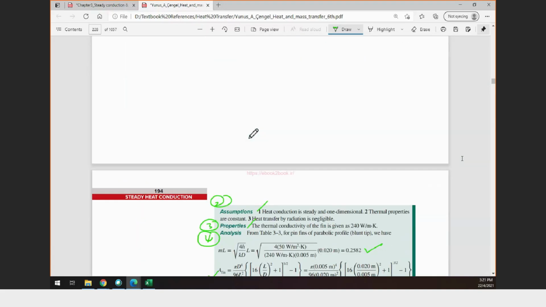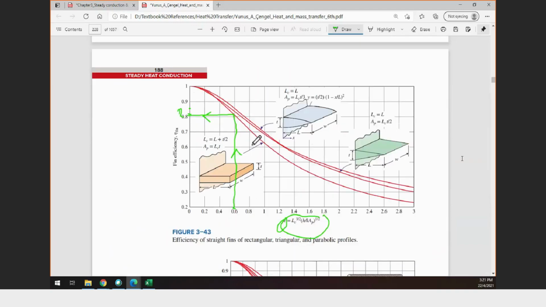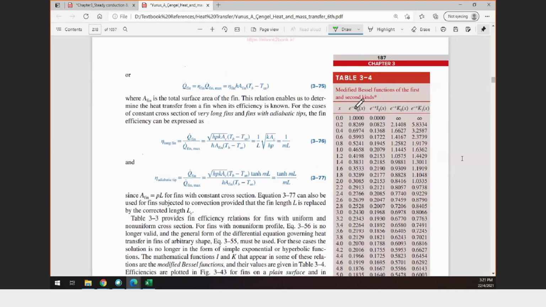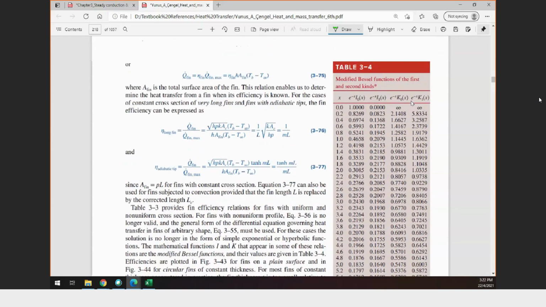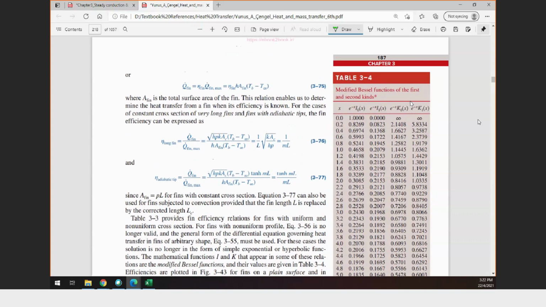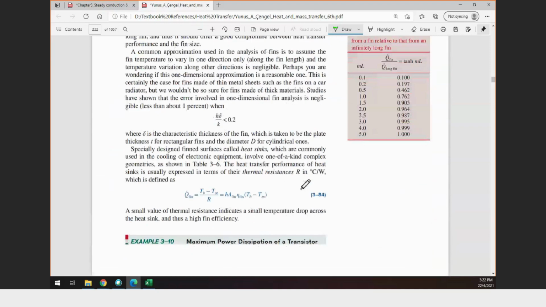Oh, I missed the table. In the figure, yes, Table 3.4, this one, the modified Bessel function. It is used to evaluate a fin with parabolic profile, not a linear function. If it is a linear function, you can use the linear equation, but when you have a non-linear profile, then you have to use a Bessel function.